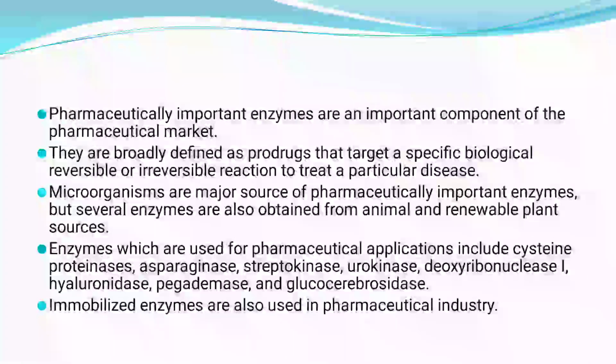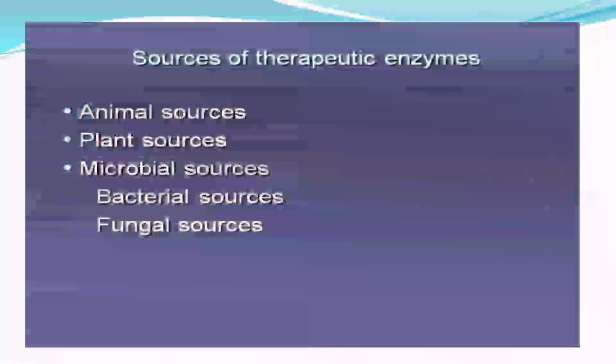Maybe an MCQ asks: which of the following enzymes is used in pharmaceutical application? Streptokinase, amylase, sucrase, maltase. Your answer is streptokinase. Even immobilized enzymes are also used in the pharmaceutical industry.